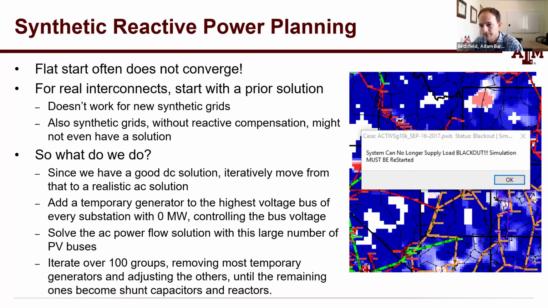We take advantage of the fact that reactive power is generally a very localized phenomenon, and therefore we can do multiple zones of the grid in parallel, and we end up removing most of those temporary generators and adjusting the properties of the others until we have a relatively small set of reactive power resources that we need in order to put our shunt capacitors and reactors in place so that we can get a good AC power flow solution with good voltage control performance. So that's a summary of our synthetic reactive power planning procedure.